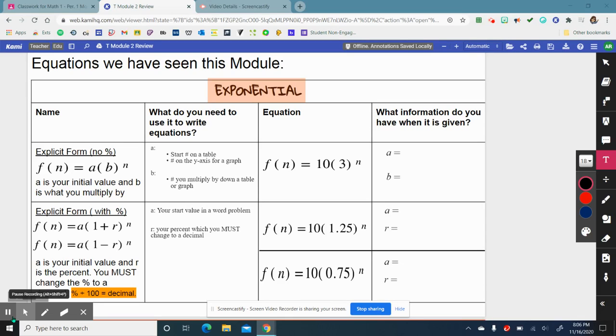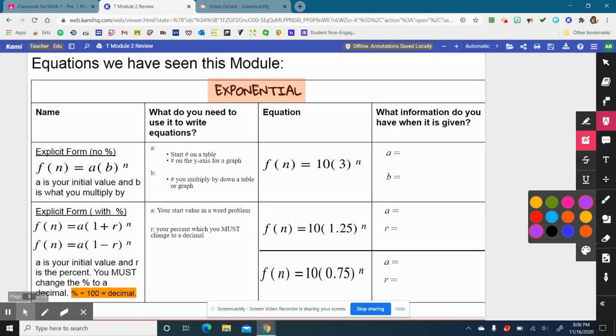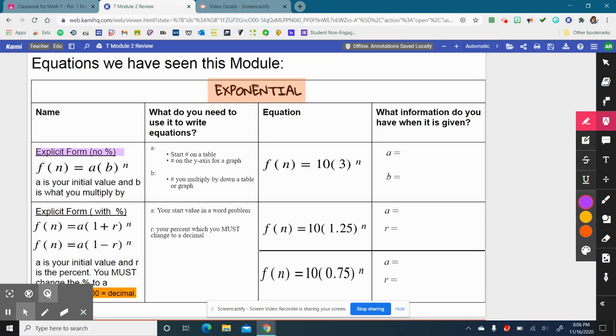Okay, so next thing we have are the equations we've seen for an exponential. So let's look at this explicit form with no percents. Okay, let's look at this one first. So when we look at this one, we have f of n is equal to a times b to the exponent n, where a is your initial value and b is what you multiply by. So what do you need in order to write this equation?